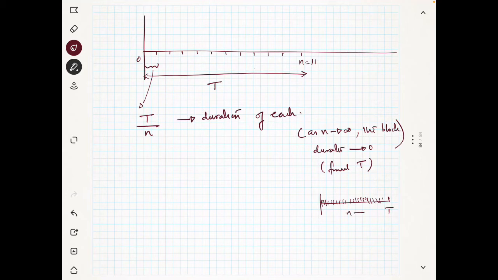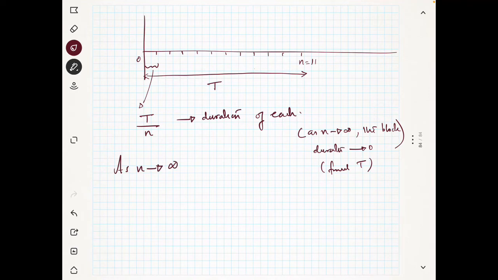As you increase n to infinity, the duration of each block tends to 0. That means you will get a continuous-time approach if you increase the number of partitions.